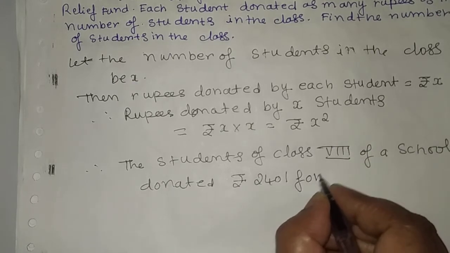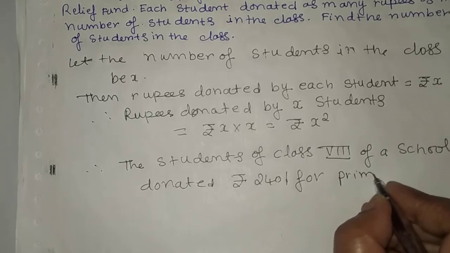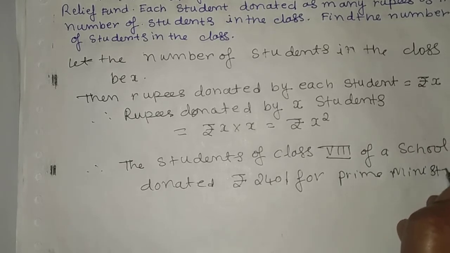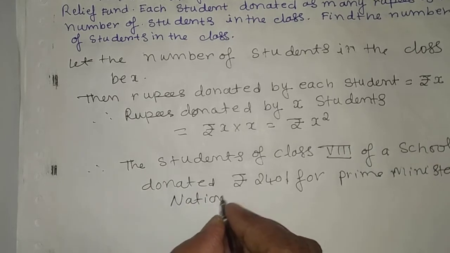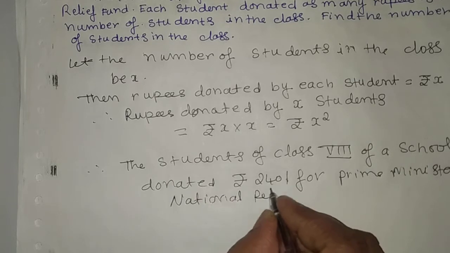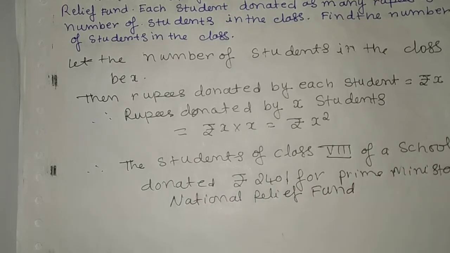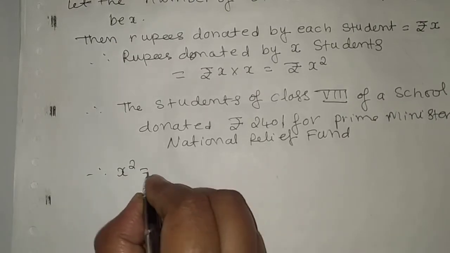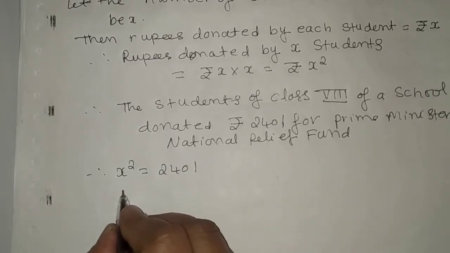So this is the total number of rupees for Prime Minister's National Relief Fund. Therefore next step is X square is equal to 2401.